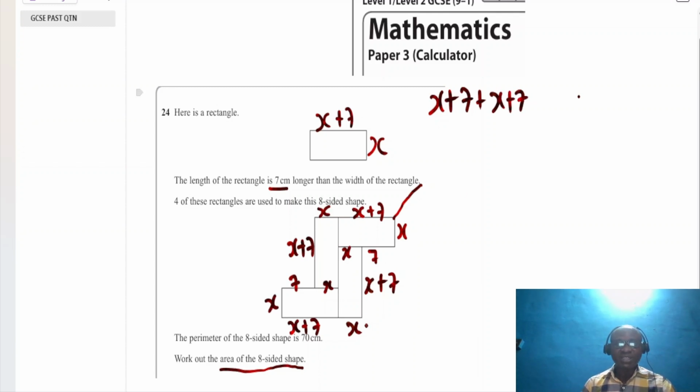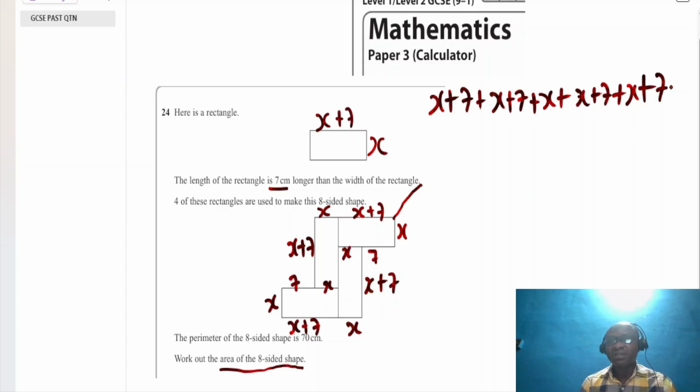Then next is plus x, plus x. Next is plus x plus 7, x plus 7. Next is this x going up, x. Next is going to be 7 alone because the other x is inside. So I'm taking the ones outside the shape.